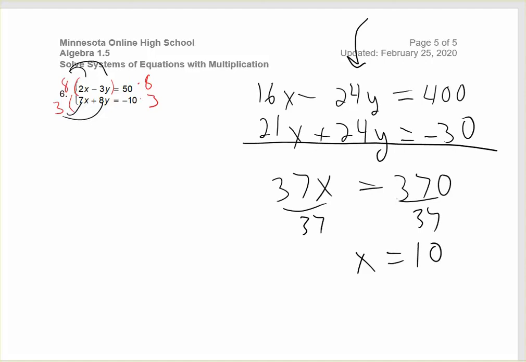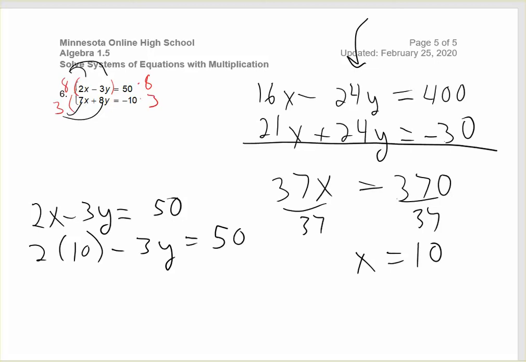And once we know what x is, we still have to solve for y. So pick one of your equations. It doesn't have to be the top one. You might decide the bottom one is easier. Replace x with 10, and then keep solving your equation until you are able to figure out what y is. 2 times 10 is 20.